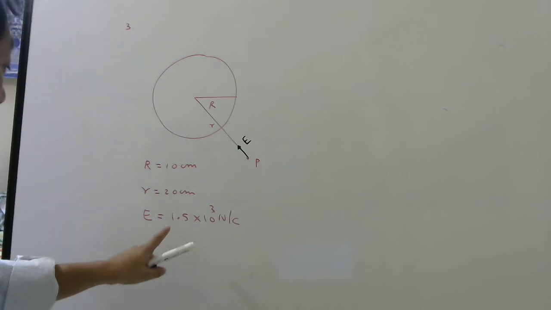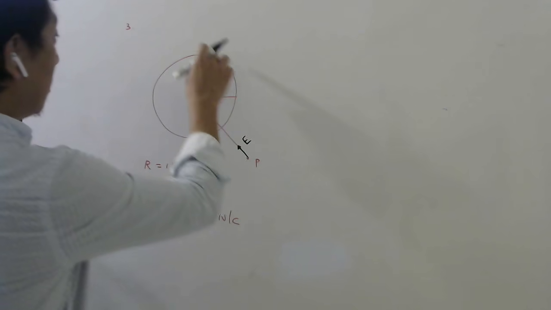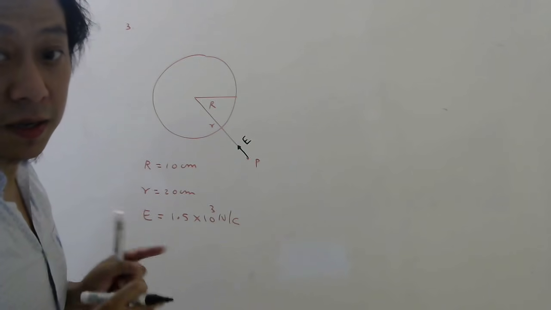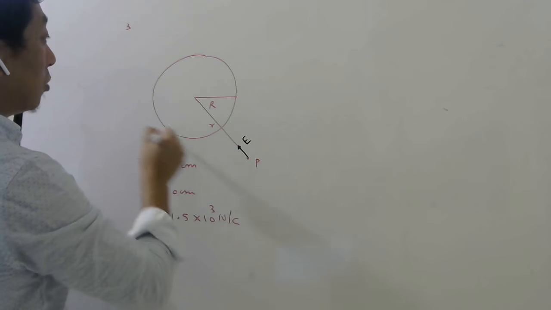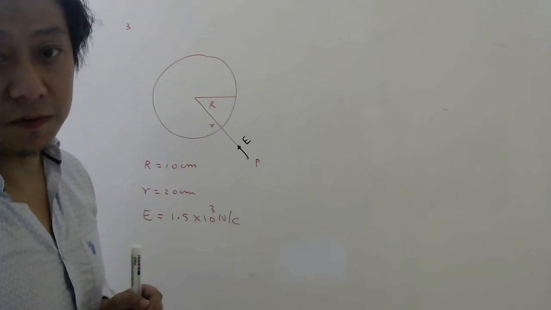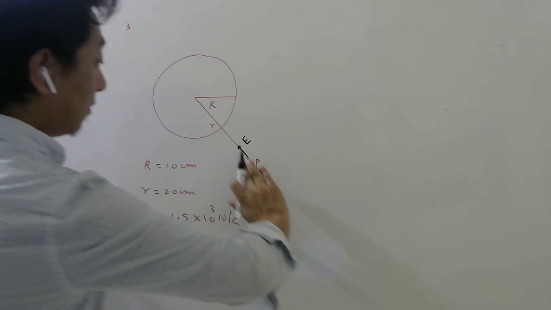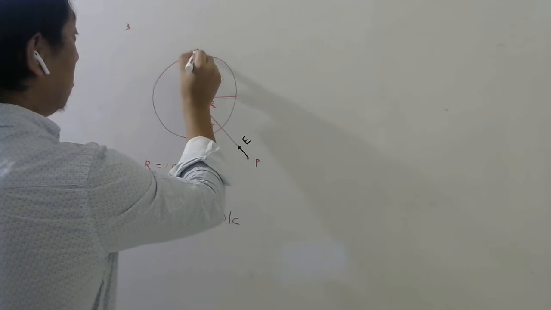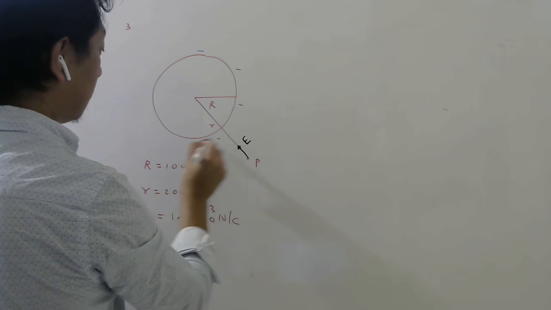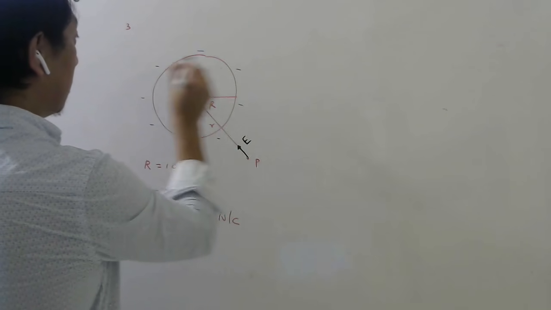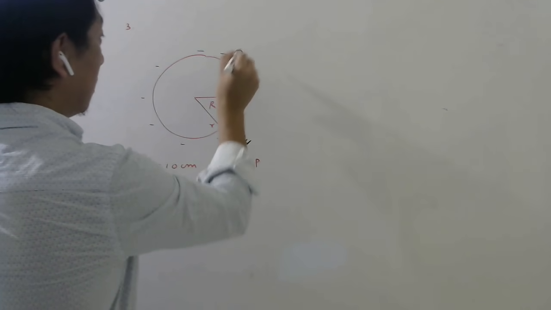So to produce this much electric field here, you know that this sphere has to be charged. Now, can you tell me whether the charge on the sphere should be positive or negative? Think carefully. It should be negative because the electric field is towards. So it should be negative charge.